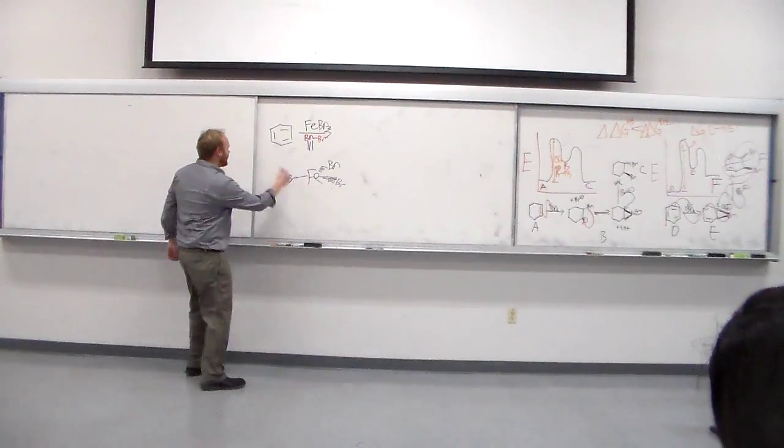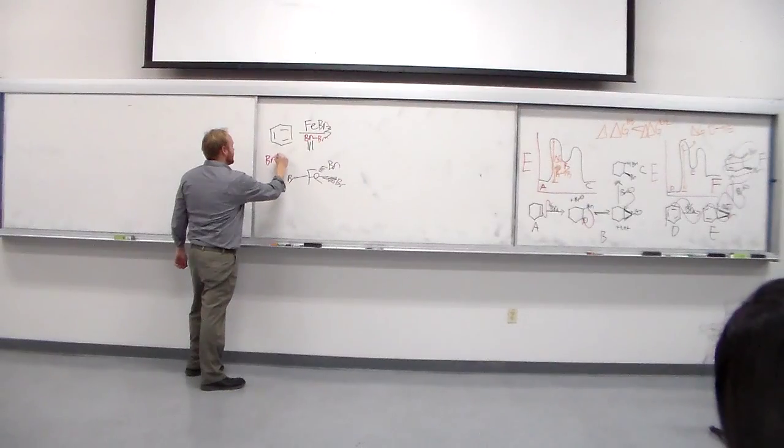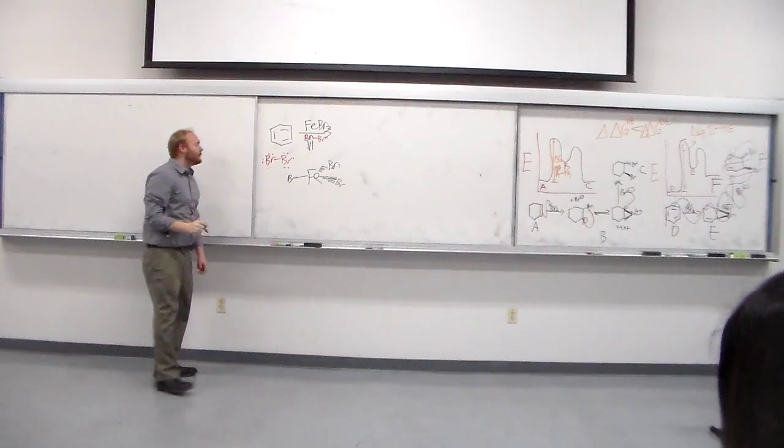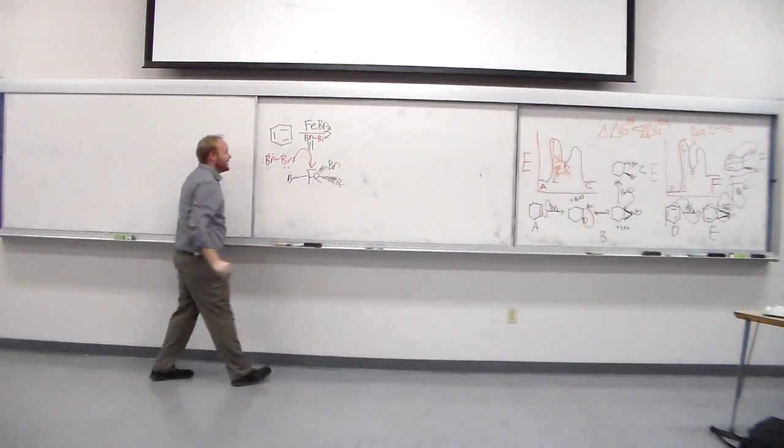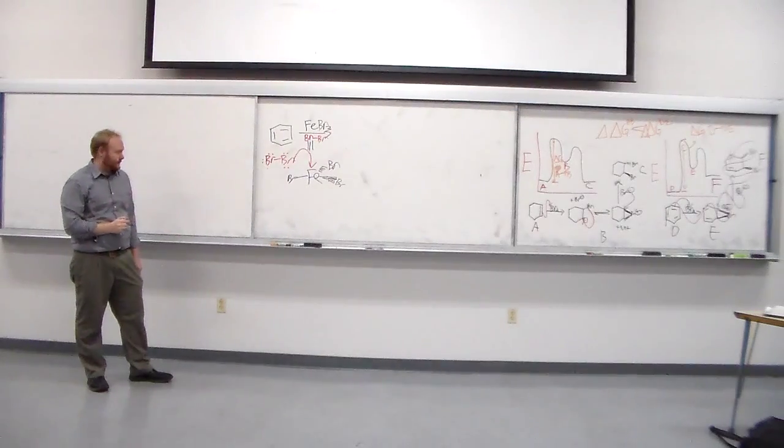And so what actually happens in this case is one of the lone pairs of electrons in the bromine is going to attack the iron.